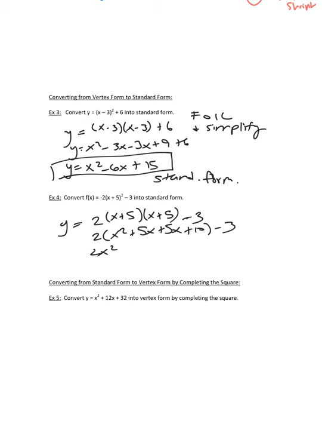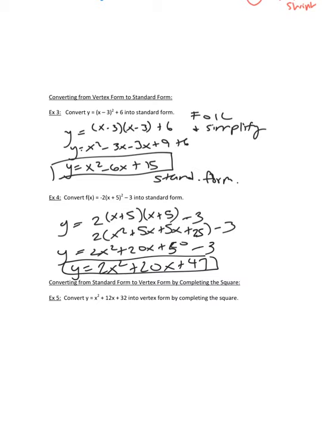Oh, hold on, mistake, sorry. 5 times 5 is not 10, 5 times 5 is 25. Okay, so that was 25. So this is going to be 50, minus the 3 equals y. So standard form is going to be y equals 2x squared plus 20x plus 47.